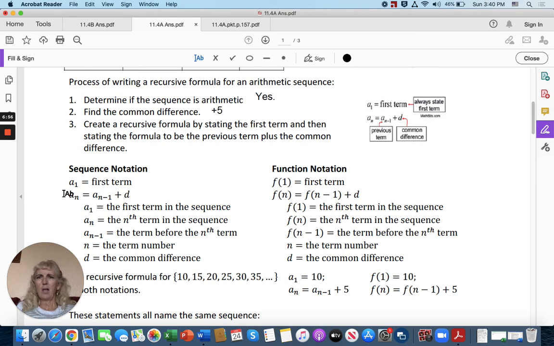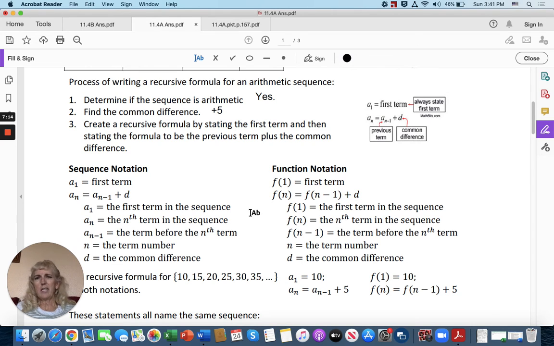That just means whatever term you want to find, whatever n is, it's the previous term, the n minus 1, plus your common difference. Function notation: f of n equals the one previous, which is f of n minus 1, plus again the common difference.